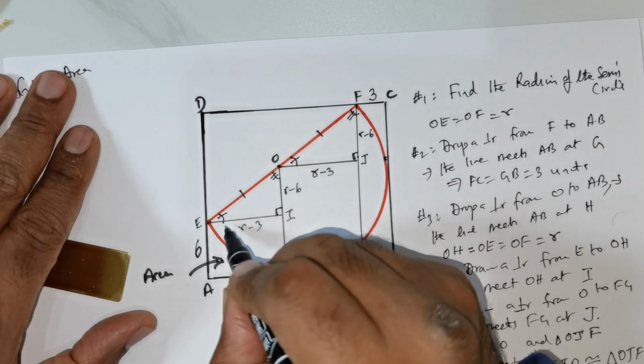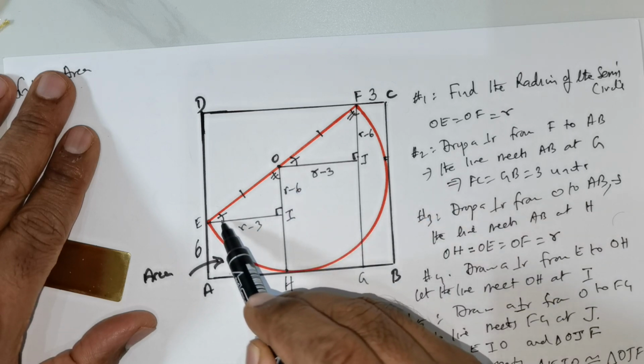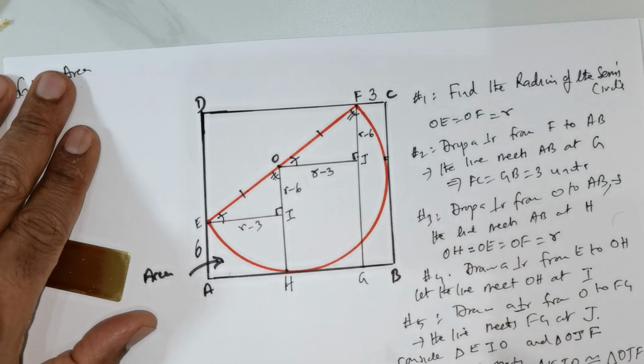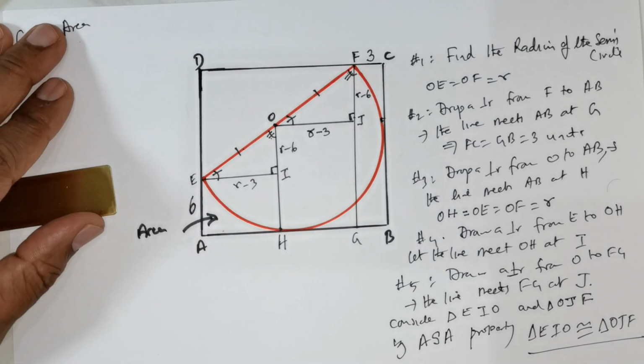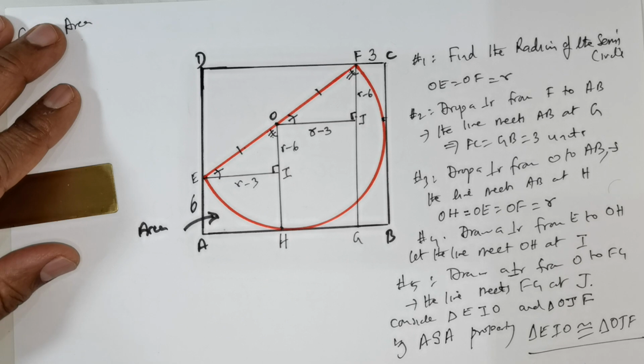So in either of the cases, we will still be able to use the angle side angle property. Okay, so having mentioned that, let me move on.